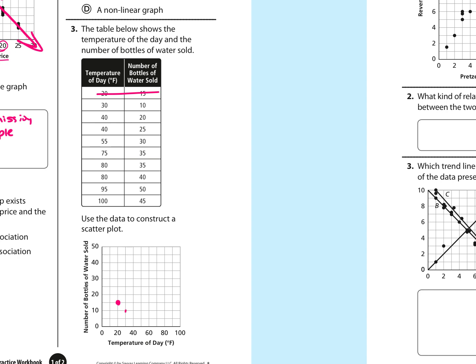Then 30, 10, then 40, 20, then 40, 25, then 55, 30, 75, 35, 80, 35, 80, 40, 95, 50, and 100, 45. So we've constructed a scatter plot.